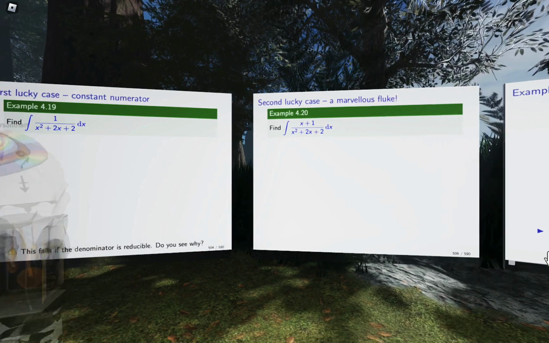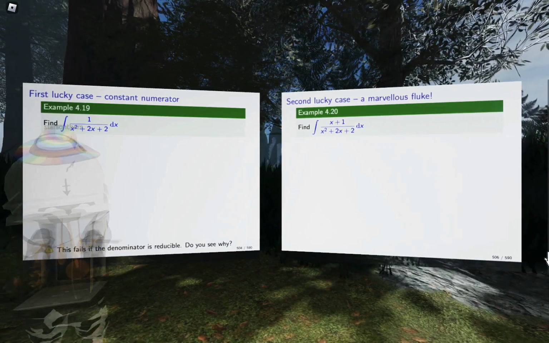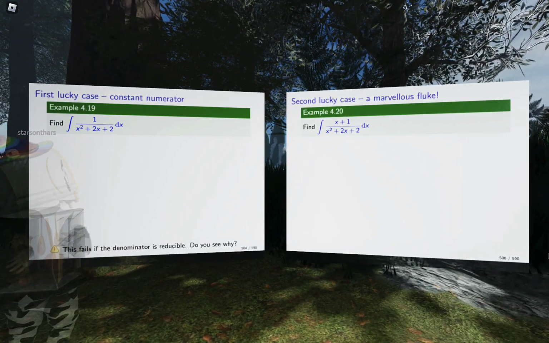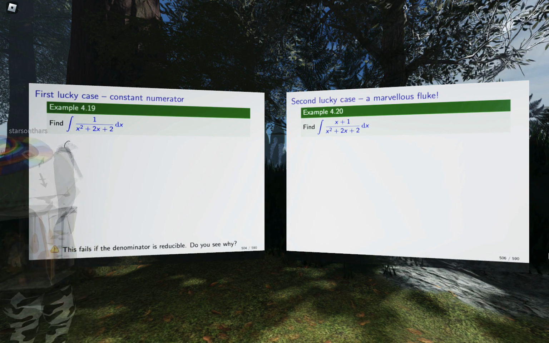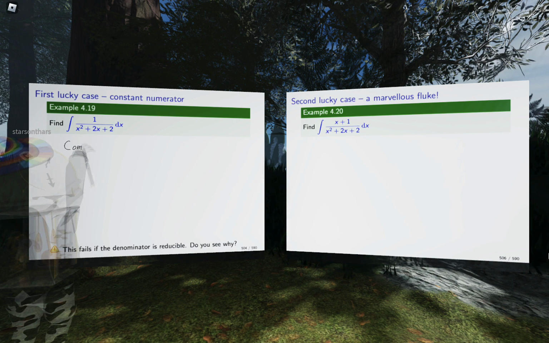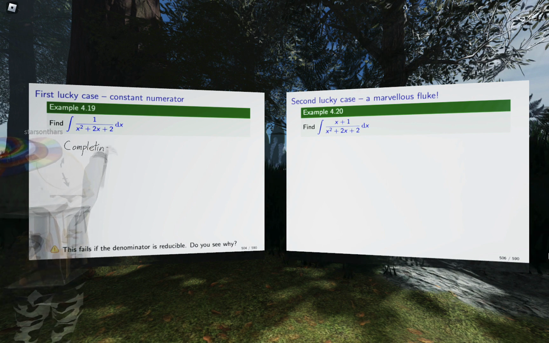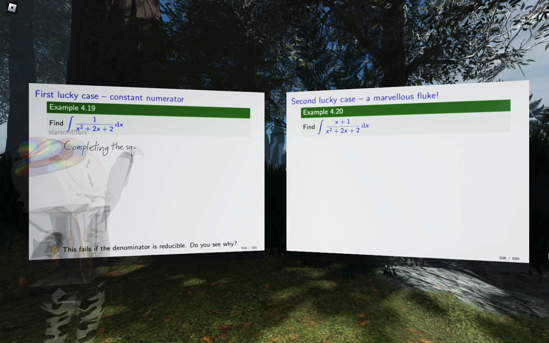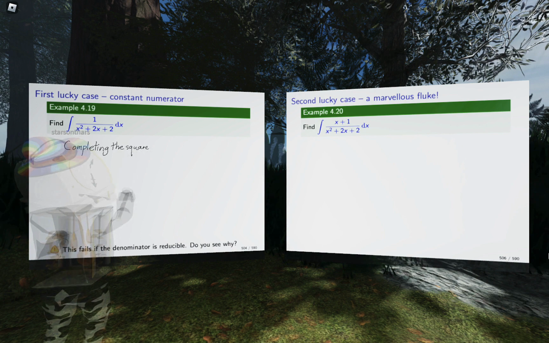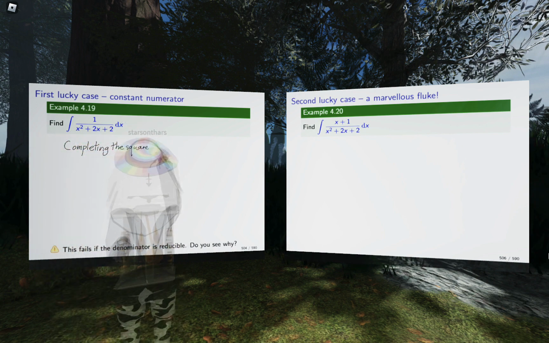Okay, so let's have a look at this polynomial, x squared plus 2x plus 2. Let's complete the square. So as I said, when I complete the square, there's no a to factor out.